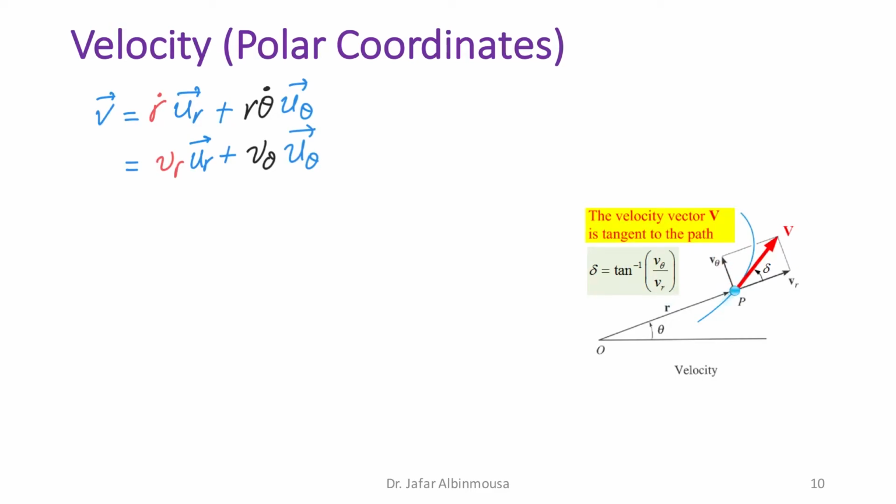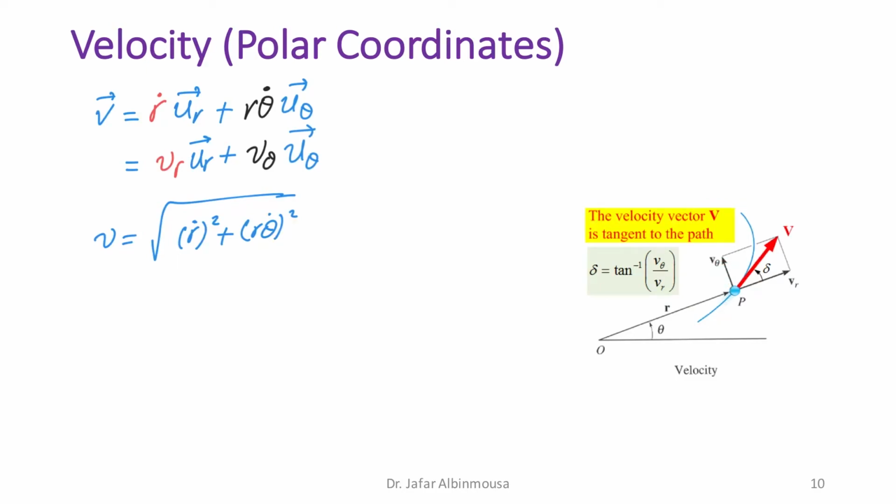Now if we calculate the magnitude v, it is equal to the square root of r dot squared plus r theta dot squared. The total velocity vector is tangent to the path, as shown over here, but the components themselves are not.